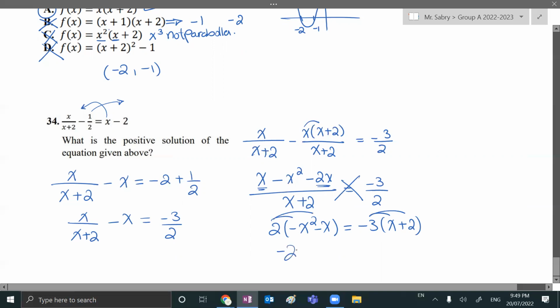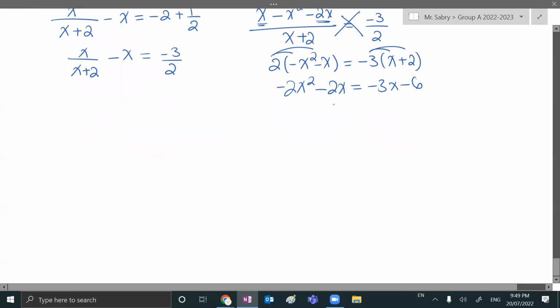I'll have negative 2x squared minus 2x equals negative 3x minus 6. I will need to move everything to one side and make it equal to 0 to put it in standard form. So negative 2x plus 3x plus 6 equals 0. Like terms together, I'll have negative 2x squared plus x plus 6 equals 0.